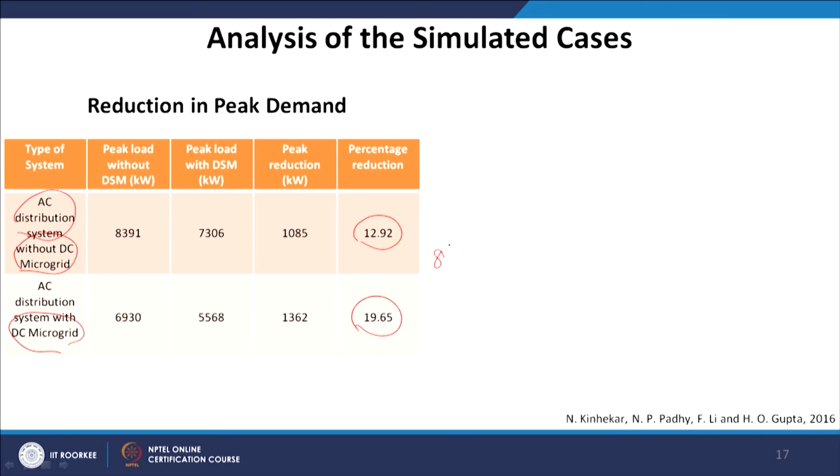So, that increase of 8% is possible because of my smart grid in place. Now the conclusion is very clear that when smart grid is in place, certainly the DSM program can be enhanced more, and excess peak reduction is possible because of the presence of AC/DC smart grid in your distribution utility.